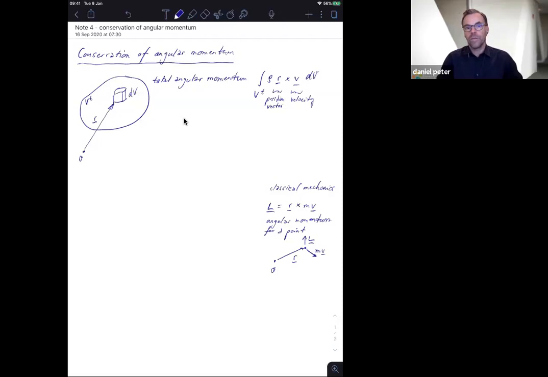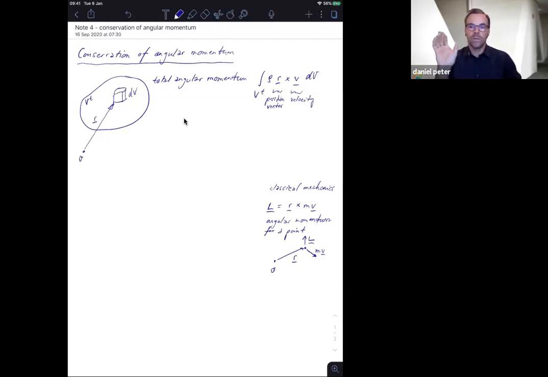So that's how we define the angular momentum in continuum mechanics. So the total angular momentum of this volume that we look at is this volume integral: density times the cross product of r times v. And so the rate of change of total angular momentum is equal to the net torque.